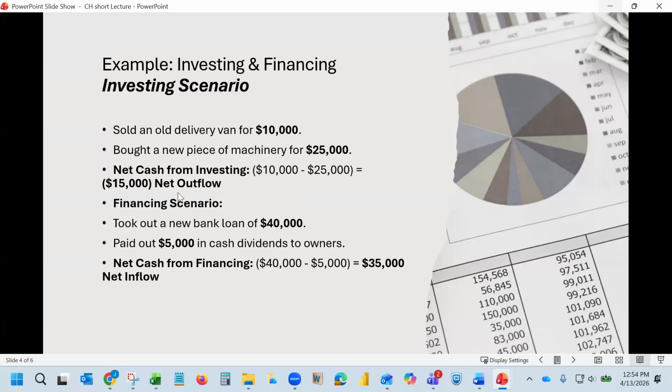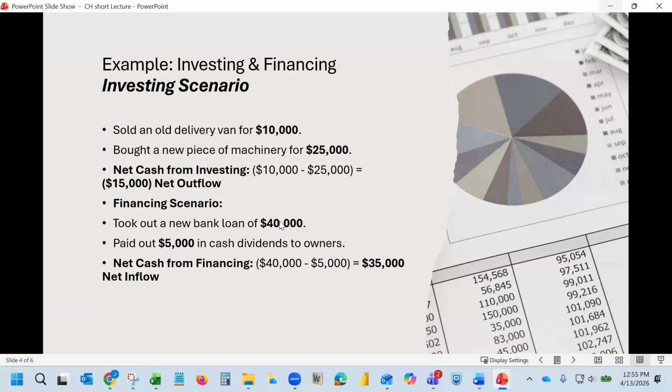Typically, in most cases, this is usually a negative value, but there are also times where the company has significant sales of their fixed assets that could result in positive cash flow from the investing activities. And then the last part is the financing activity. So, for example, if you look at borrowing $40,000 from the bank and then you pay out $5,000 dividend, you have to reconcile these two because this has to do with financing.